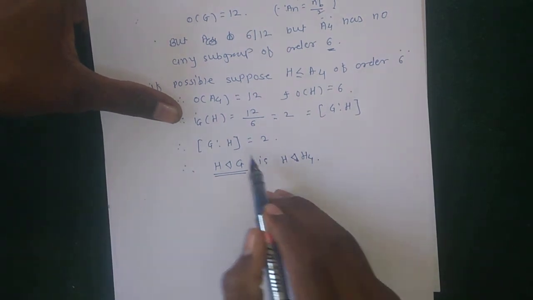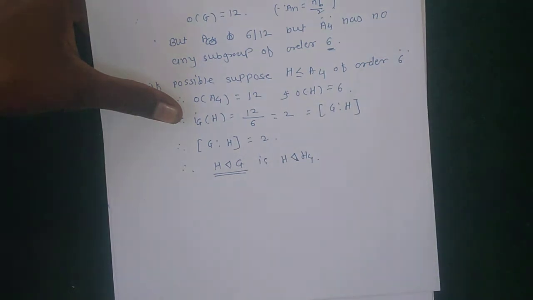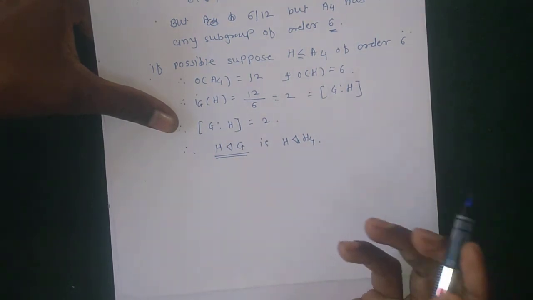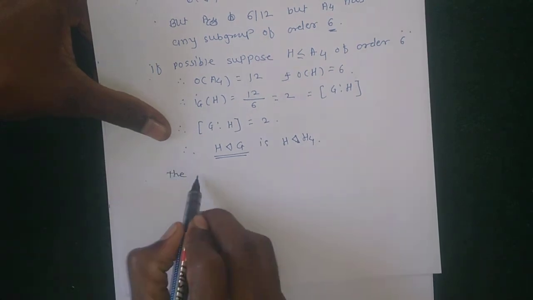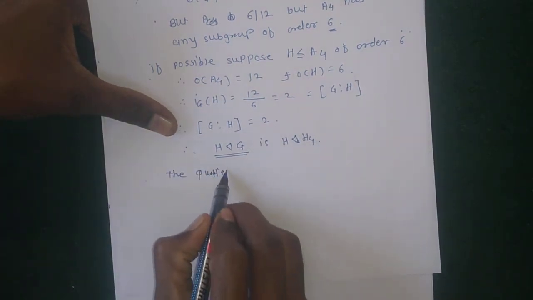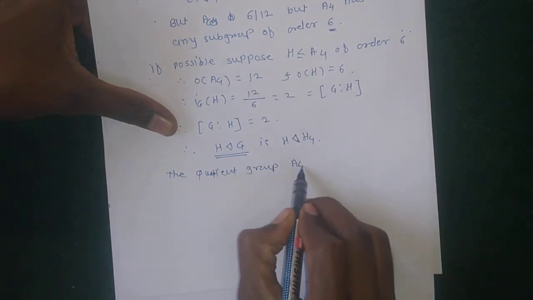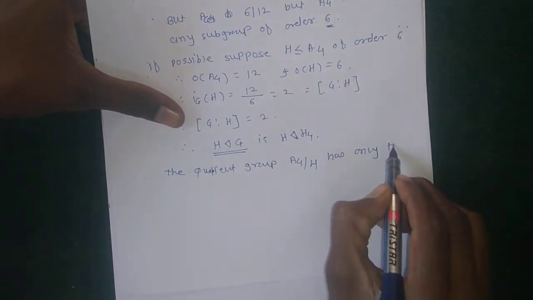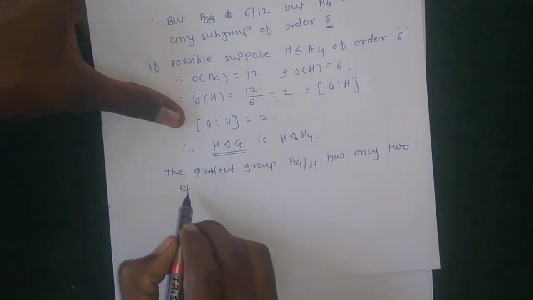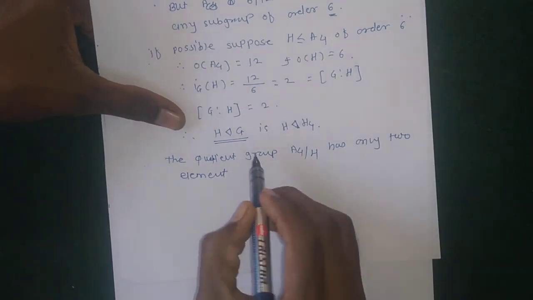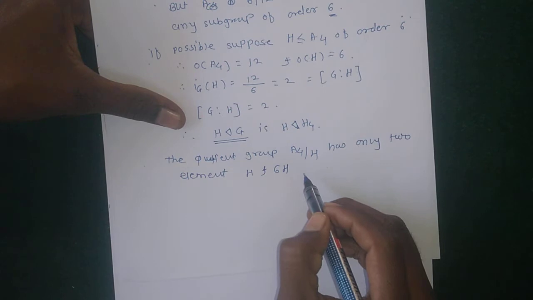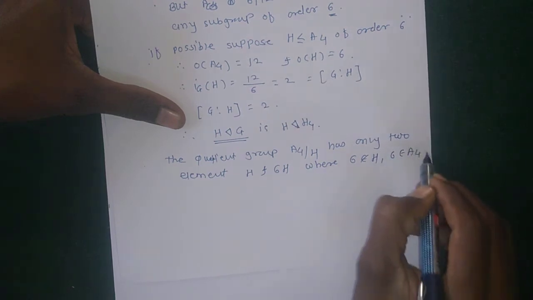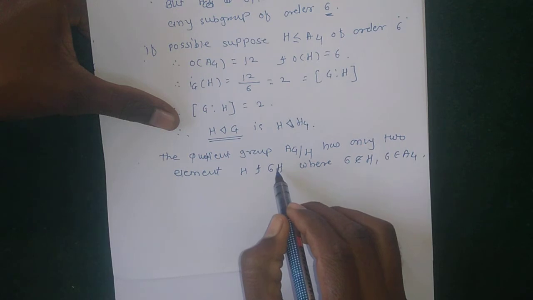These two cosets are H itself and one other, sigma H, where sigma belongs to A4 but does not belong to H. Sigma is any permutation.